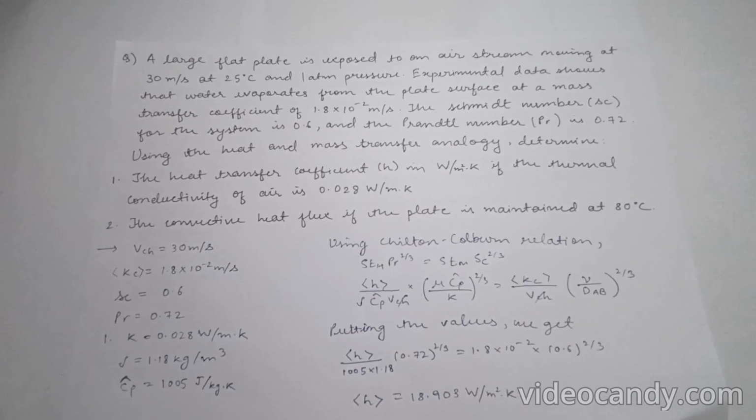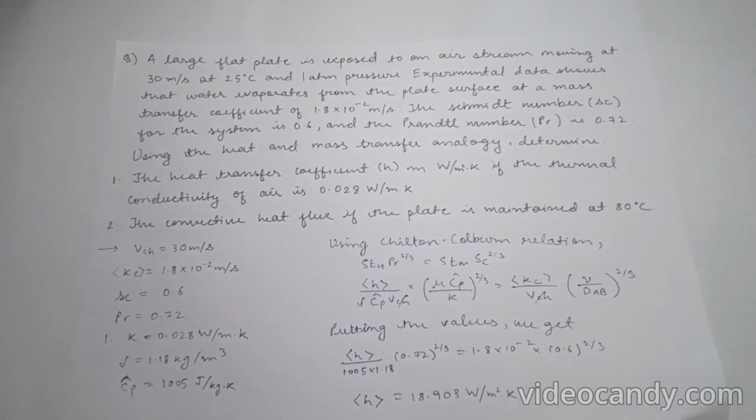So we look at our first part of the question. Here they have asked the heat transfer coefficient h in watt per meter square Kelvin, and they have already given the value of thermal conductivity of air, which is 0.028 watt per meter Kelvin.